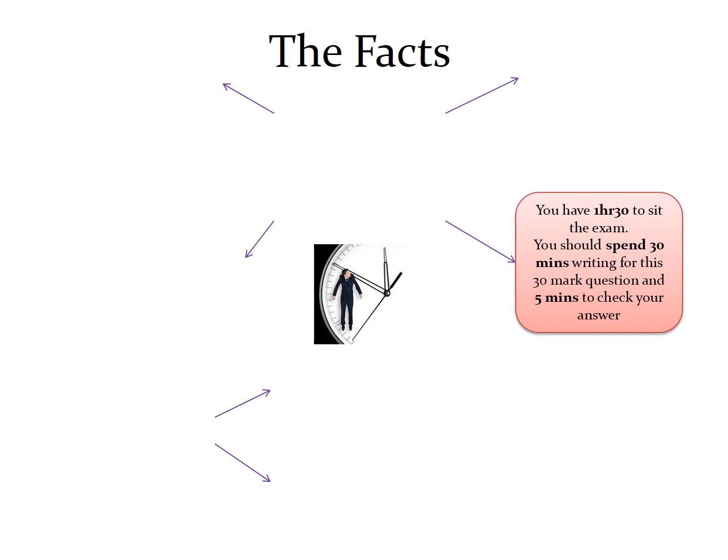So my strongest recommendation that I can give to you is that you spend 5 minutes at least planning your answer. Otherwise, you will go off on a tangent and you will waffle. And the way to do that is to start by circling the keywords so that you work out in your head what it is that the question is asking.